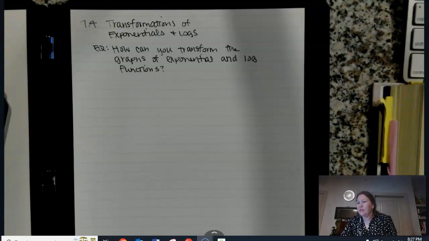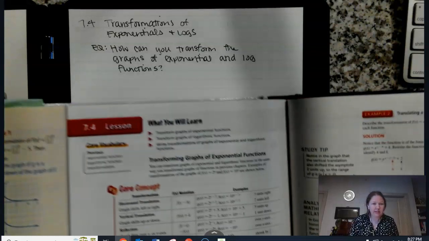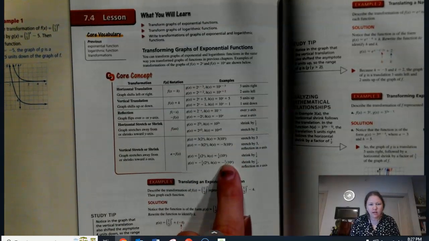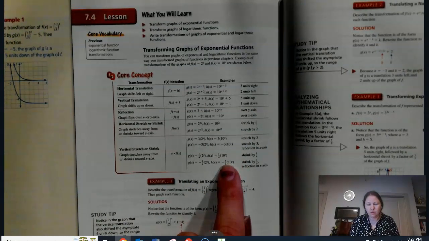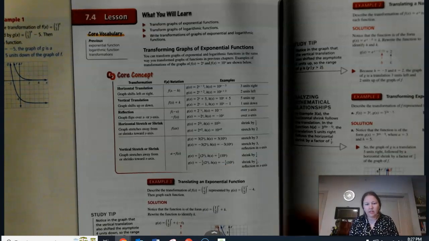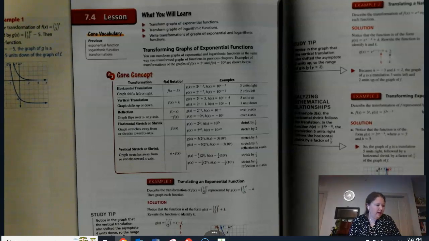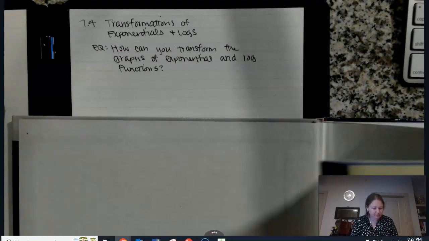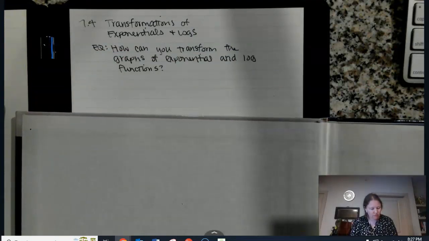Okay, so as far as it goes with transformations, we could write this whole section all over again. But we've written it for all sorts of functions, right? We've written it for your absolute value. We wrote it for quadratics. We wrote it for whatever graph we learned in chapter 4. Let's just look at it exactly.